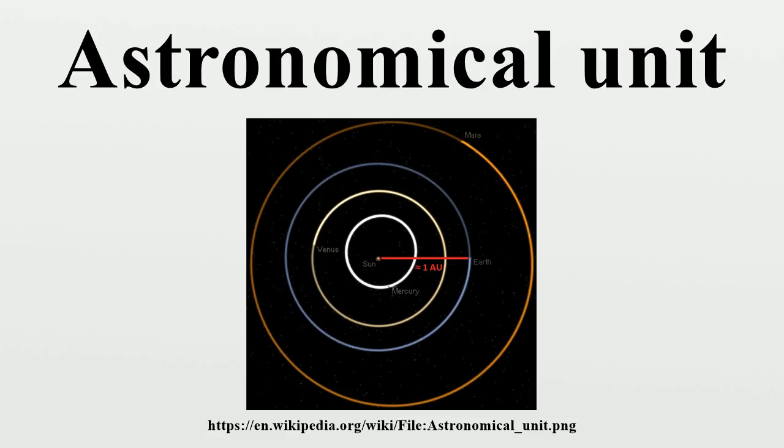Symbol usage. A variety of unit symbols and abbreviations are in use for the astronomical unit. In a 1976 resolution, the International Astronomical Union used the symbol A for the astronomical unit. In 2006, the International Bureau of Weights and Measures recommended ua as the symbol for the unit.